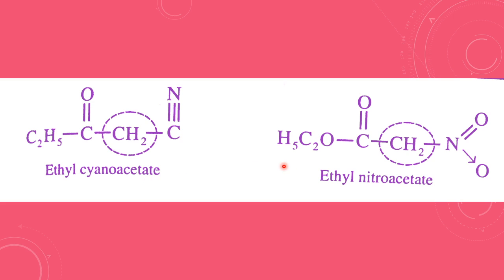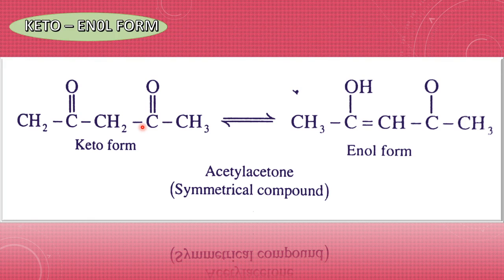See another example: C2H5O C double bond O, CH2, N double bond O, and here single bond O. This is the nitro group. This nitro group is also an electron withdrawing group. This methylene group is attached to an electron withdrawing group, so it becomes active.